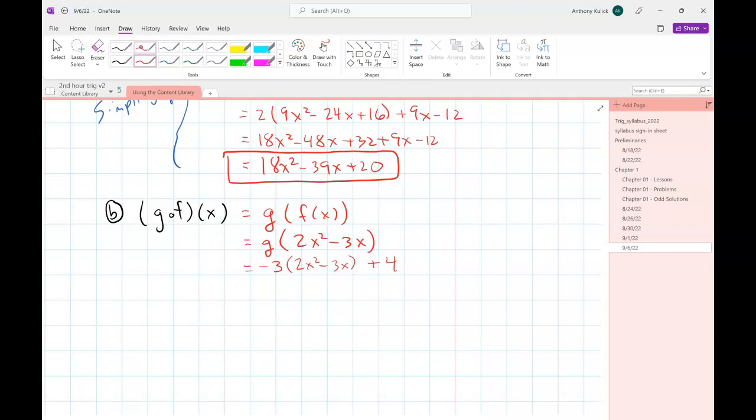We've got to simplify. Now, let's look at the simplifying that we have to do this time. It's way easier, right? So I just have to distribute that negative 3 through. That was so easy. And I'm done.